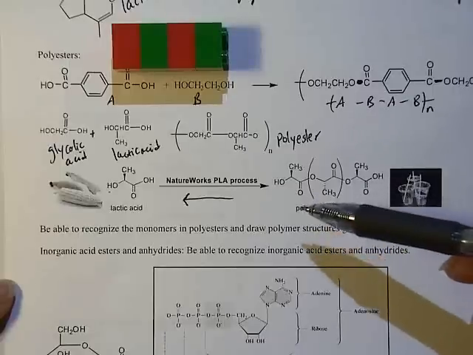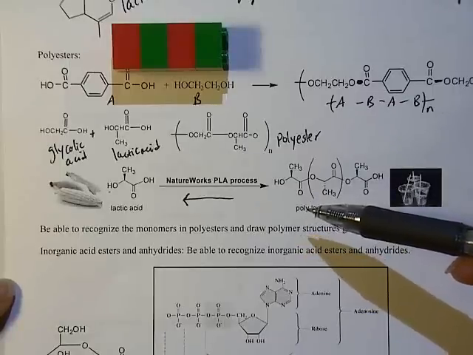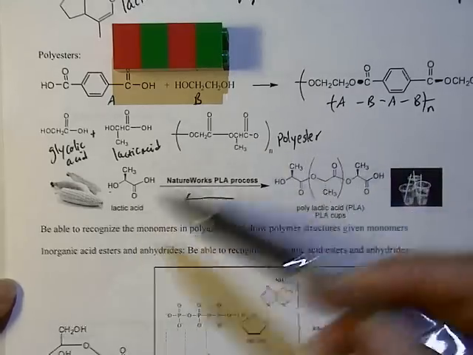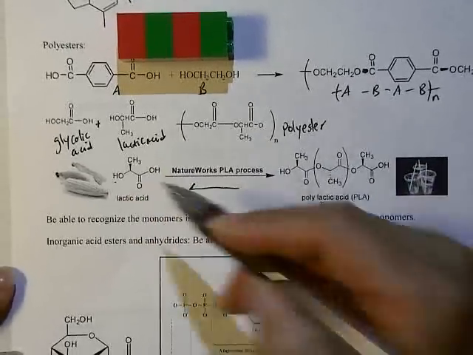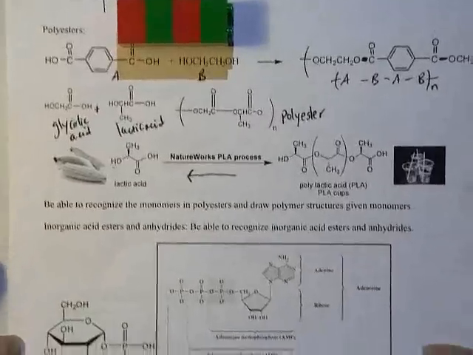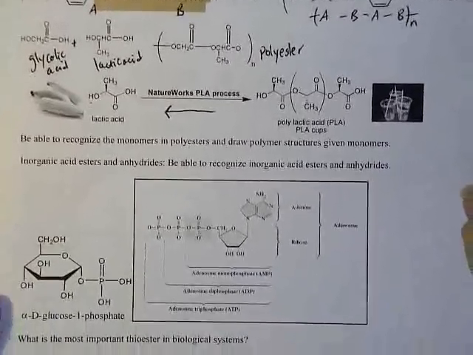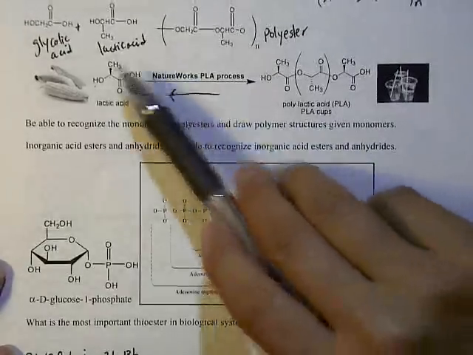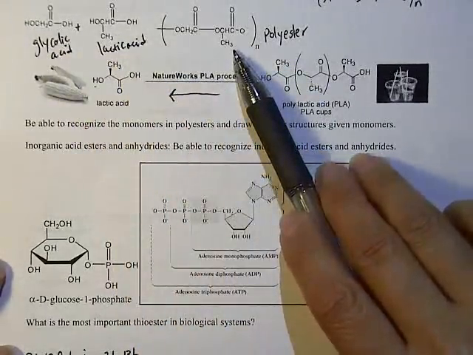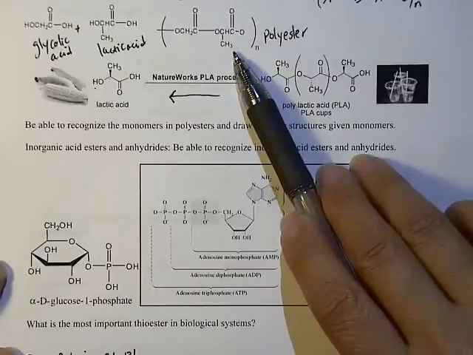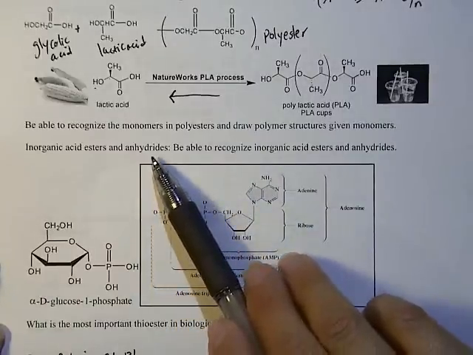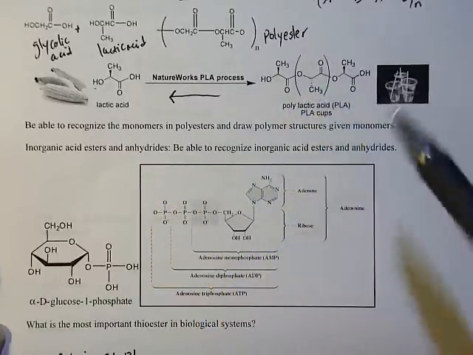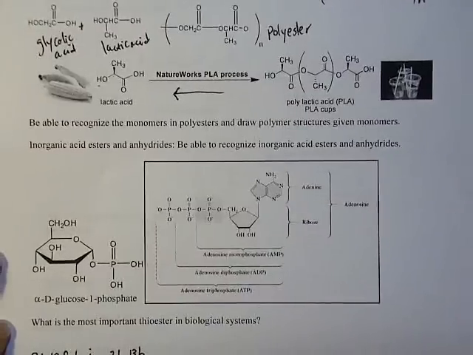We spent 3-4 years of our research time studying this depolymerization reaction, and then actually using lactic acid, because it's chiral, in an asymmetric reaction. I expect you to be able to draw polymers given the monomers, after you learn about the ester chemistry. And if I give you a structure of a polymer, be able to recognize what monomer it came from.